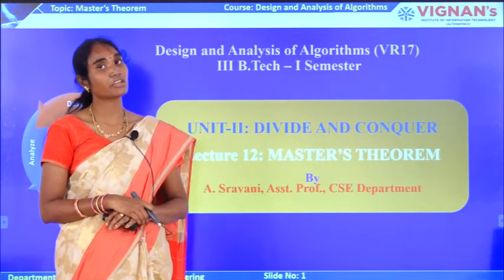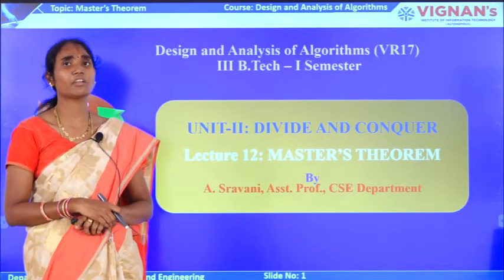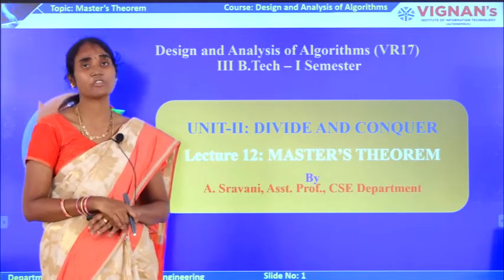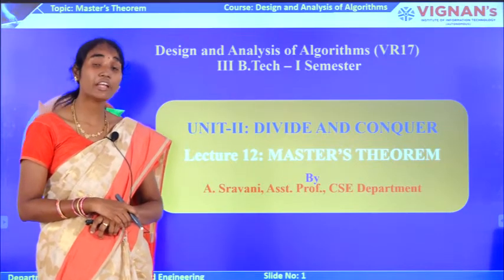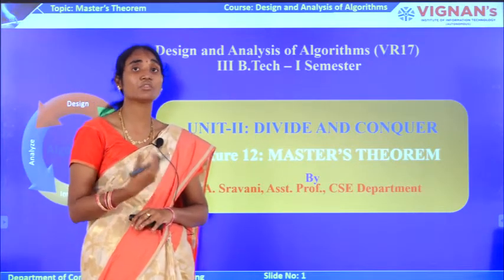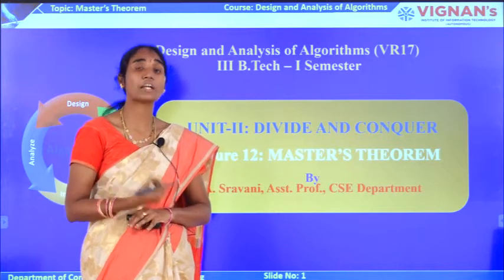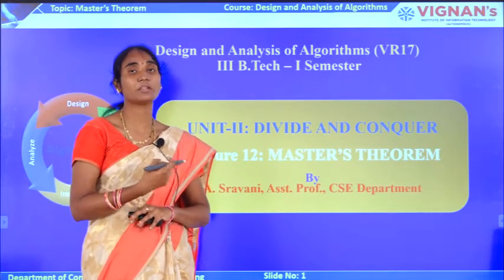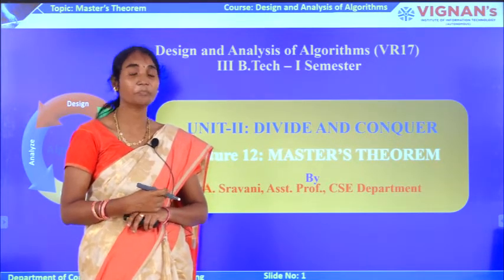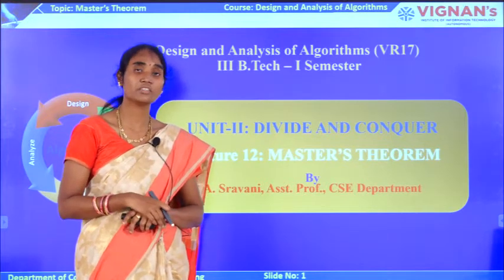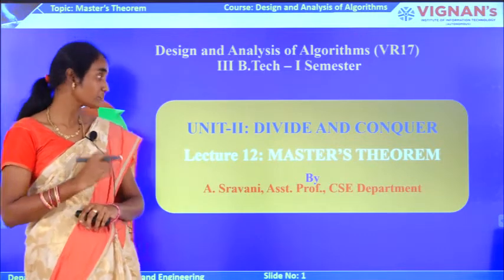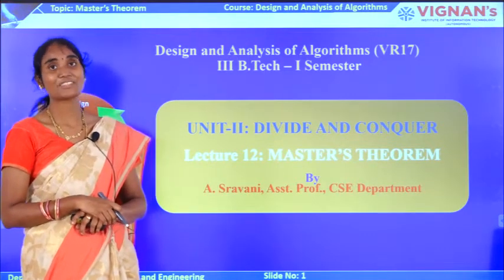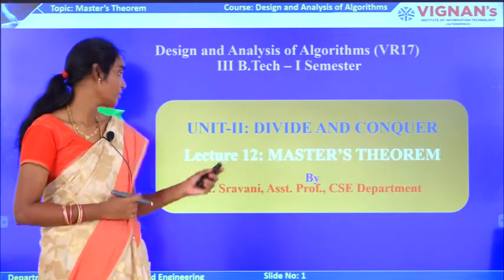We compare the recurrence relation, which is the same, a T of n by b plus f of n, with the table given by Master's theorem. With that we are going to derive the complexity, right? So we will see this concept today, Master's theorem.